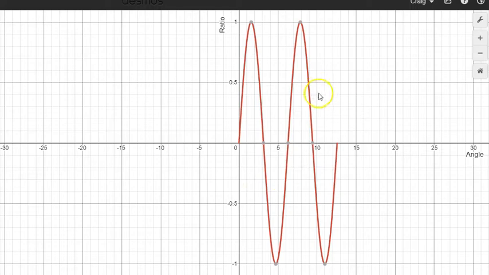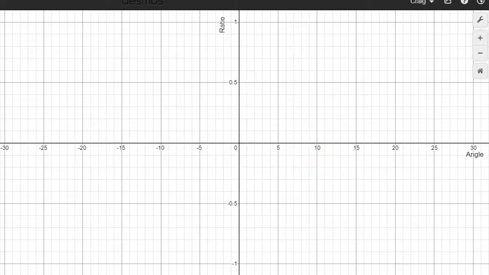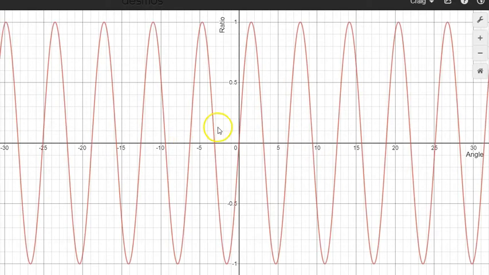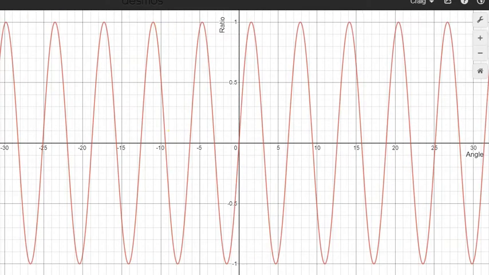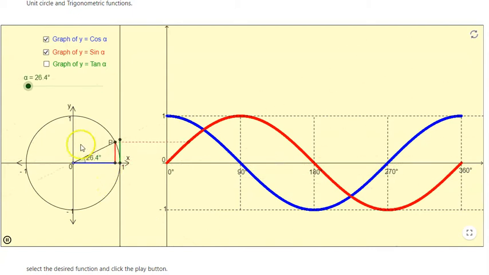This sort of behavior we call periodic, and both the sine and the cosine function behave in this manner, such that if I plot it over an infinite range, this is what we'd expect to see. And again, this is reflected because the circle just keeps going round and around.